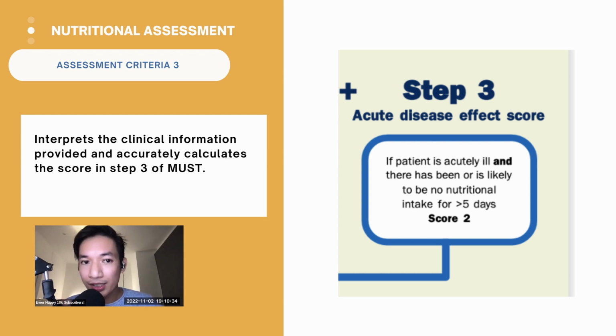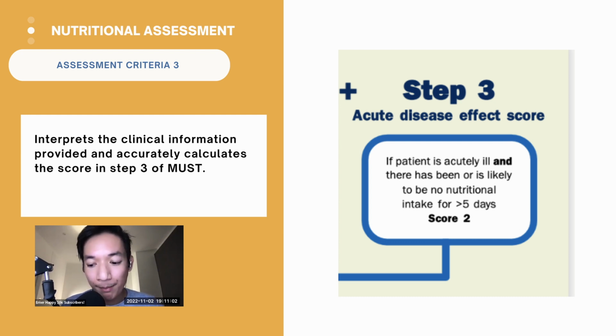The scoring for step number 3 is either 0 or 2 only. If the patient is acutely ill and has no nutritional intake in the last 5 days or so, the patient would definitely score number 2. If the patient is fine in terms of eating, or the patient has no acute disease or illness, the patient will definitely score 0.